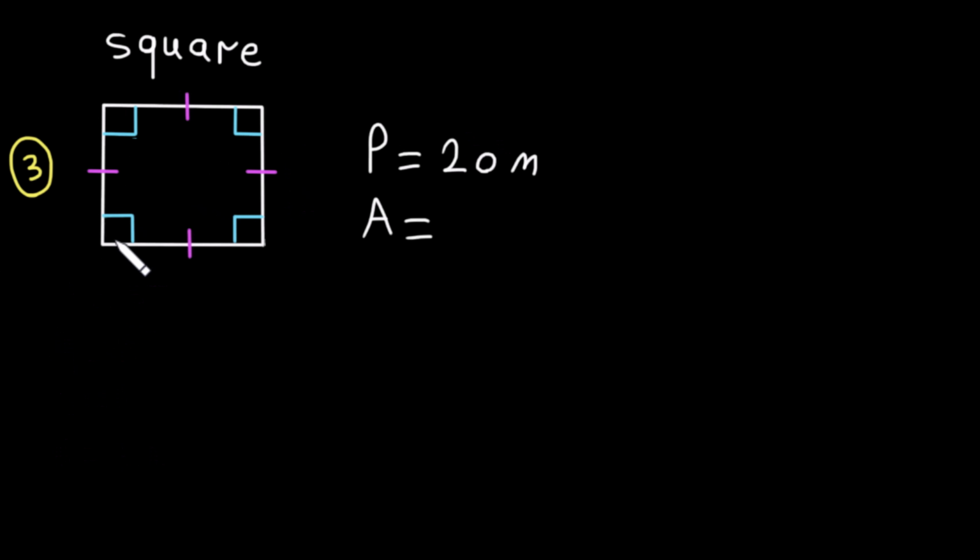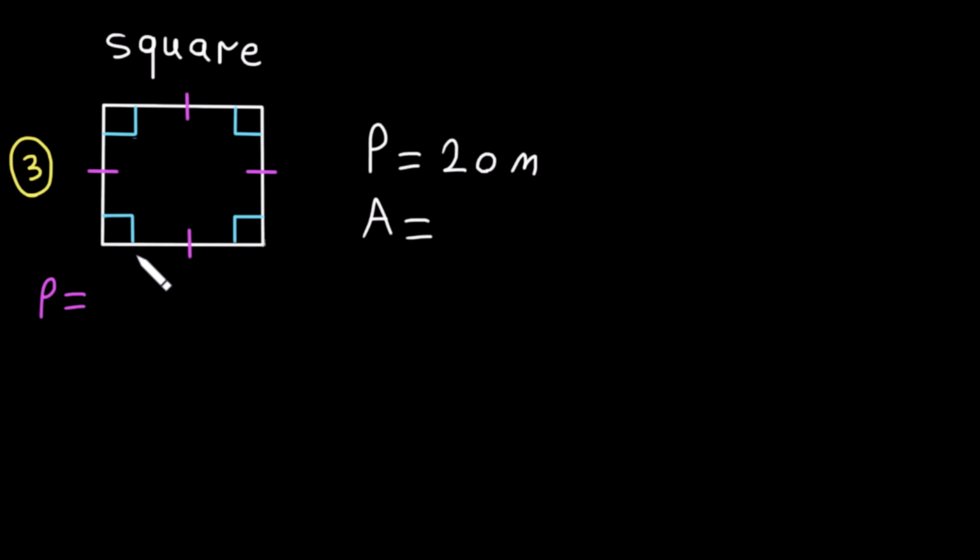The third example here, we have the perimeter, which is P equals 20 meters. We want to find the area of this square. So given the perimeter of a square, we want to find the area. We know that the perimeter of a square is P equals 4 multiplied by the side.